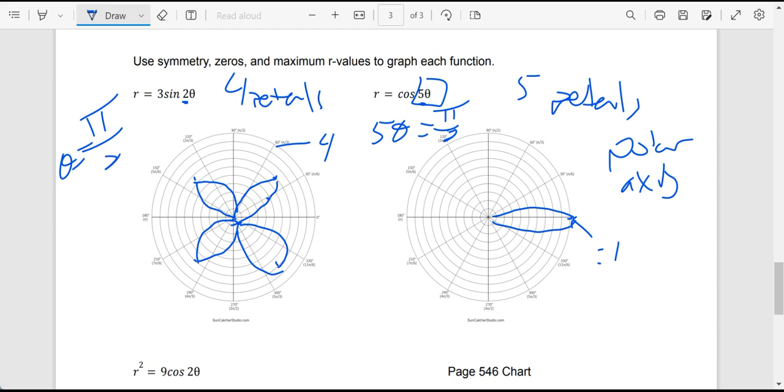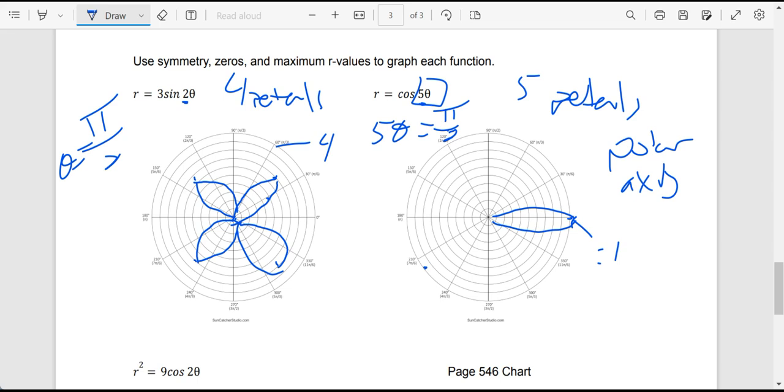So pi over 5 is like right there, right? That's going to be when it's -1, so it's going to be over here. Actually, pi over 5 is a little bit above pi over 6. My bad. So it should be right around there.